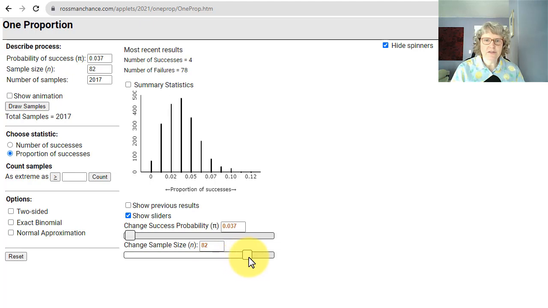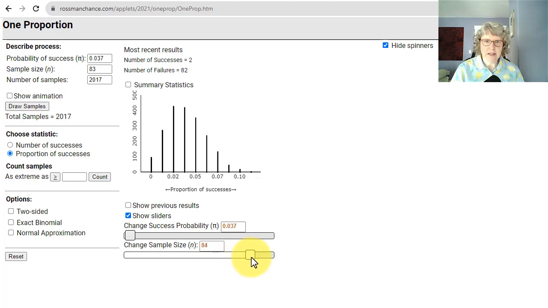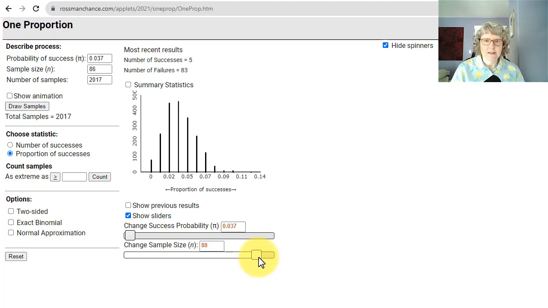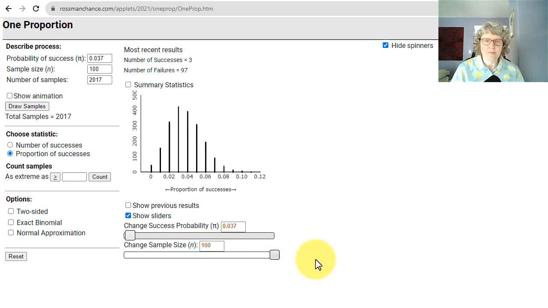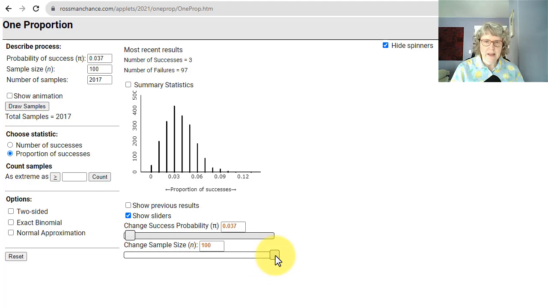Is it going to get there? Because 0.037 is pretty tiny. Let's see how far our slider goes. Okay, so I'm at 100. That's the max for our slider. And it's not quite enough, right? So let me multiply n times p and see.